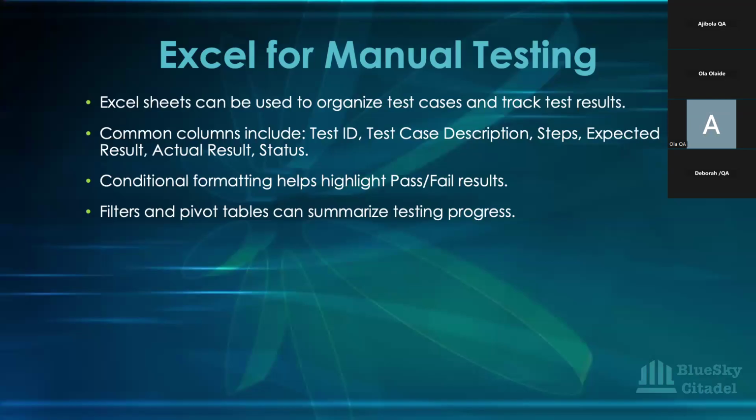Sorry, we can use a pie chart or the pivot table, but the pie chart is very common, and it is also used in Azure. If you have a dashboard in Azure, you can use the pie chart to summarize your tests, and you can group them into tests that failed, tests that have passed, and tests that have not been executed, but you've written them down. Okay.